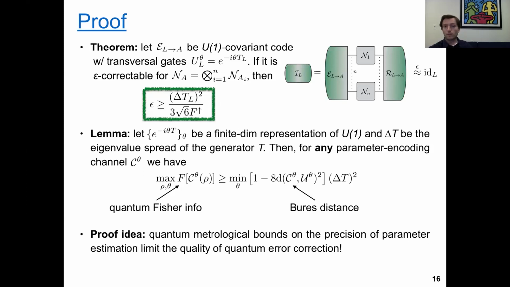So the big picture is that we cannot perform quantum error correction too well, because if we did perform quantum error correction very well, we would be able to estimate certain parameters too well. And we know that this would violate certain quantum metrological bounds. Okay, so that's the big picture.